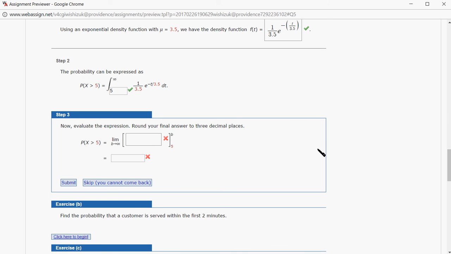Then we want to evaluate the expression here. B is going to infinity, so we're replacing this infinity by b.